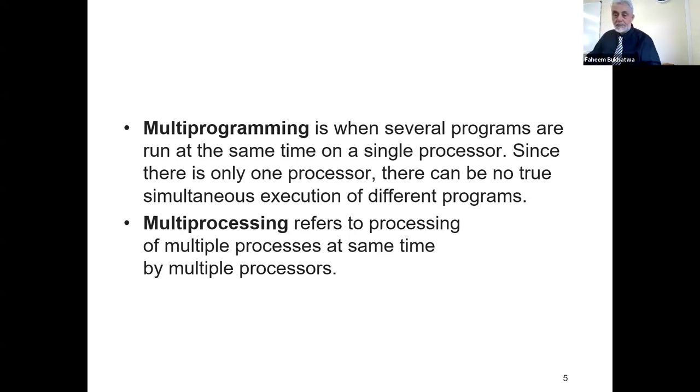Multi-programming, guys, is when several programs are running at the same time on a single processor. Somebody might ask you, so what's the difference between multi-programming, that means many programs are running, or multi-processing?